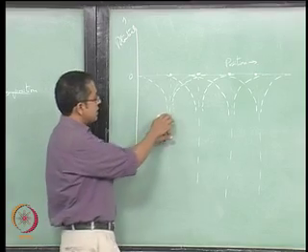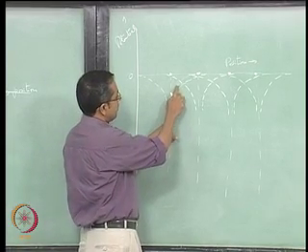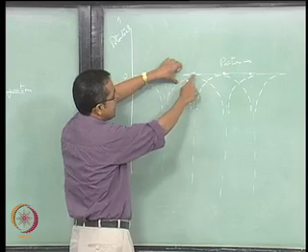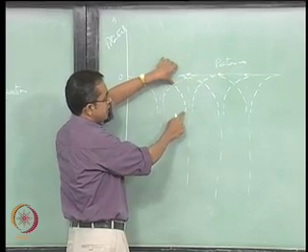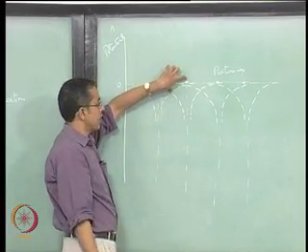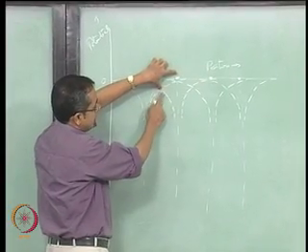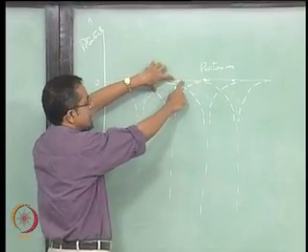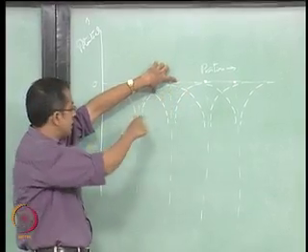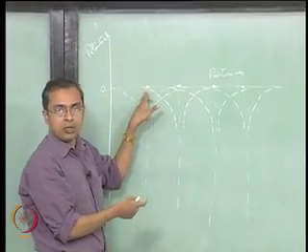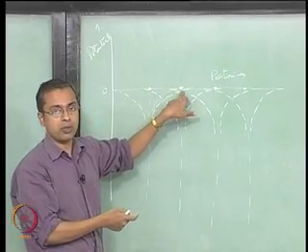Now as it starts moving away from this ionic core, up to this point its potential energy keeps increasing, but beyond this point it is actually beginning to see the potential well of the next ionic core. So instead of going off to 0 as you move away from this ionic core, we have to account for the fact that as you move away from this ionic core you are actually getting closer to this ionic core, right.